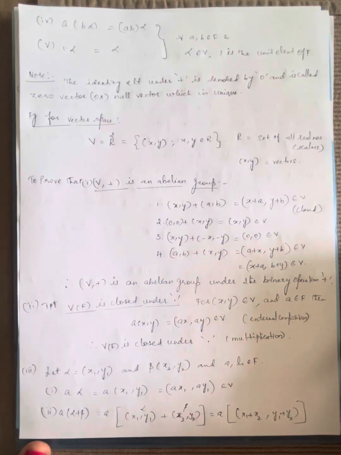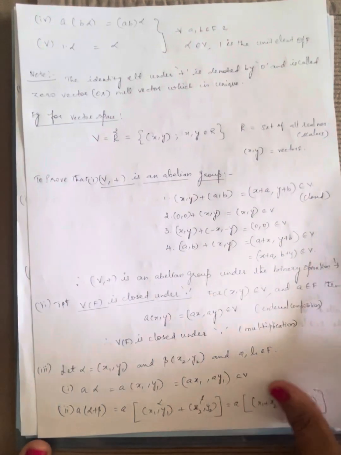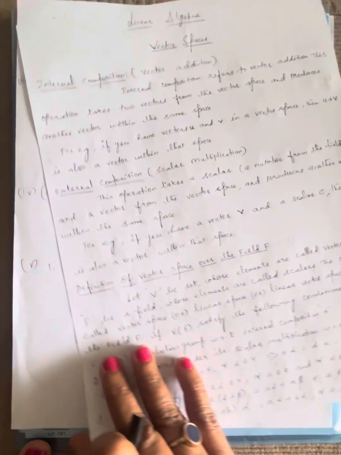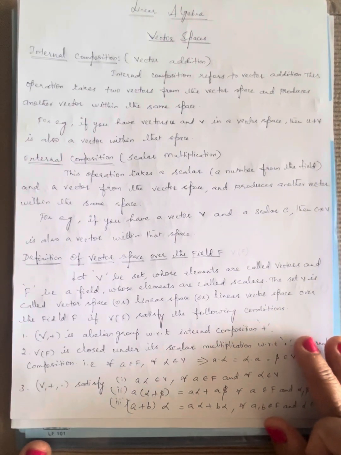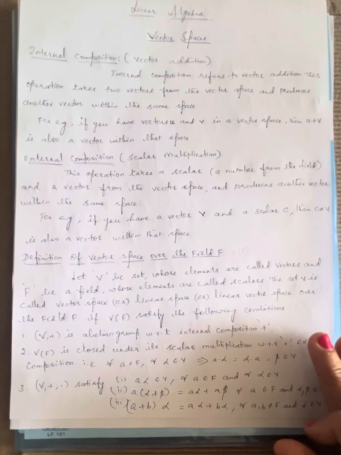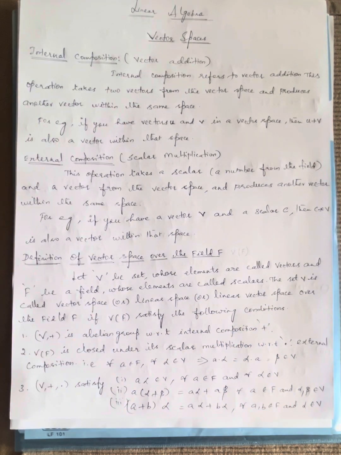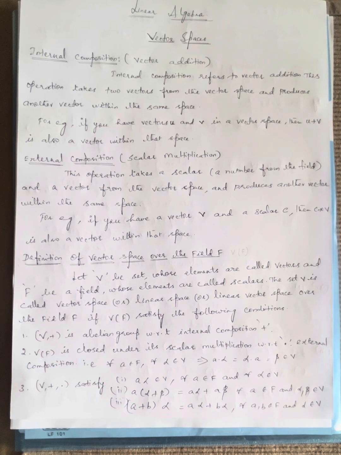To summarize, first we need to know what internal composition and external composition are, and from then on we define the vector space. For a vector space, all these conditions should be satisfied. The first is that V is an abelian group under addition. The second is that V(F) is closed under scalar multiplication.